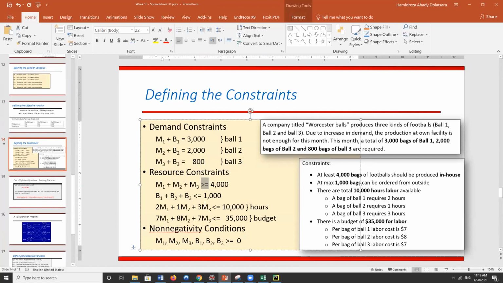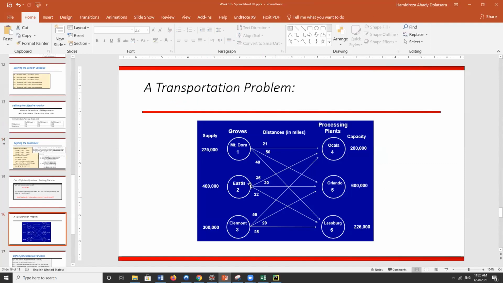At most 1,000 should be less or equal. Your demand is fixed, so you make it equal. Here we mentioned all the policies in detail, but you have some flexibility in terms of how you want to send them out and how you want to process them.